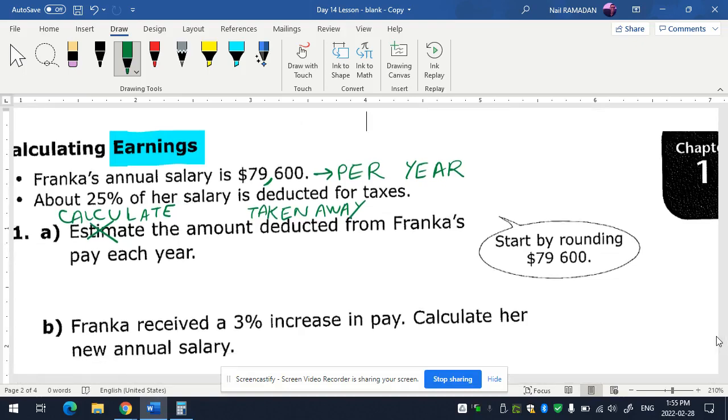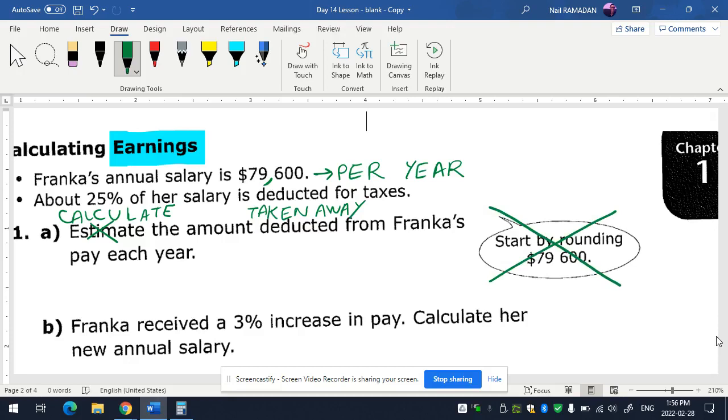It says to estimate, by rounding, because they wanted you to estimate. Obviously, 79,600 is very close to 80,000. That's why they wanted you to round to 80,000 and then estimate. Nope. We're not going to round. We're going to get it exactly right. So go ahead, cross this one out.